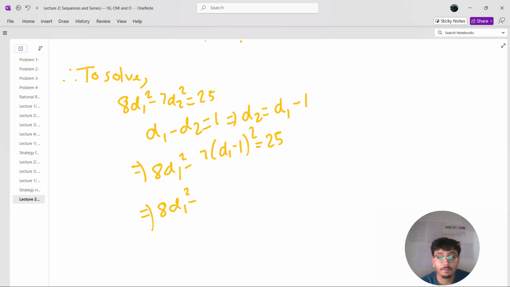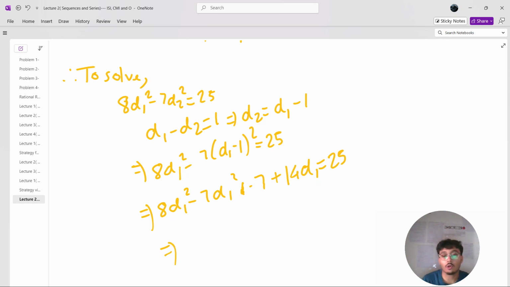If I break this whole square, that gives me 8 D1 square minus 7 D1 square, minus 7 times minus 2 D1, which is plus 14 D1, and minus 7.